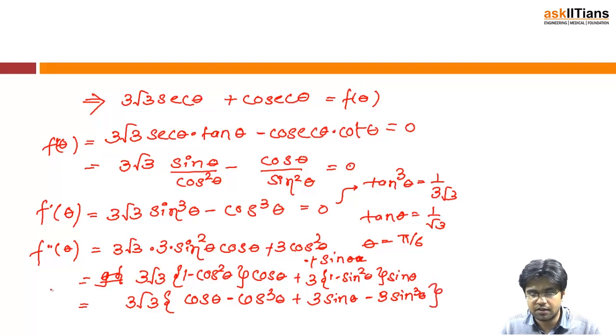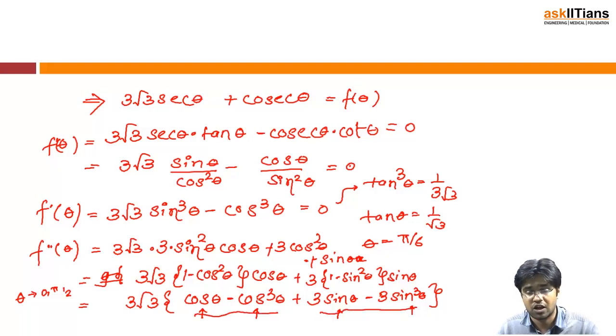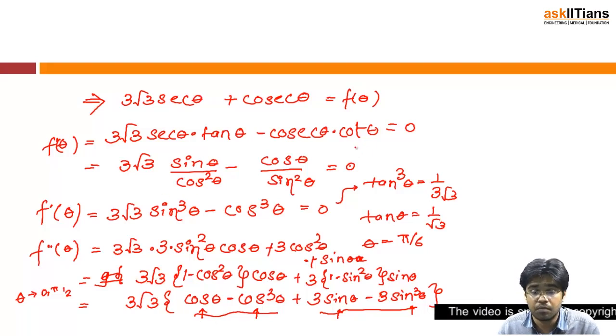Now it is already given that theta belongs between 0 to pi by 2. That means all of them are positive and less than 1. If cos is less than 1, then cos cube theta will obviously be smaller than cos theta. Similarly, sin theta is smaller than 1, so sin cube theta will be further smaller. That means this expression is positive, this expression is positive, so f double dash is positive, which means that f dash will give you minima.